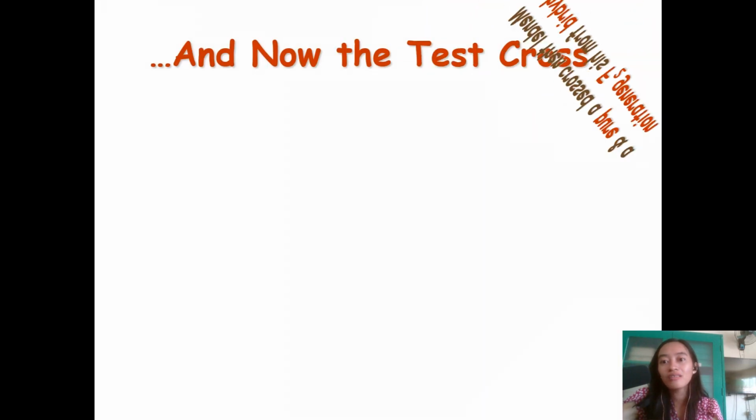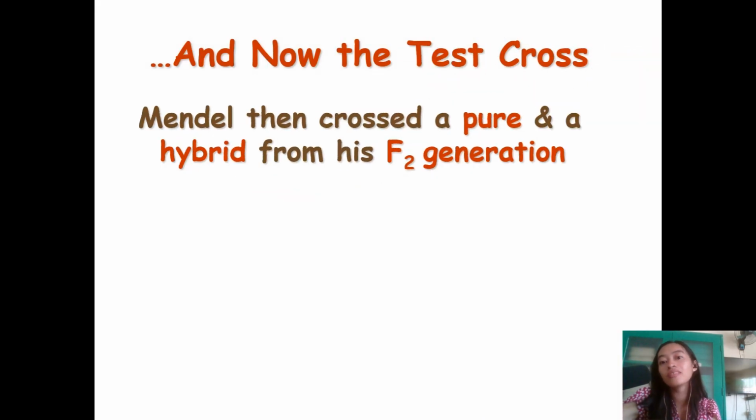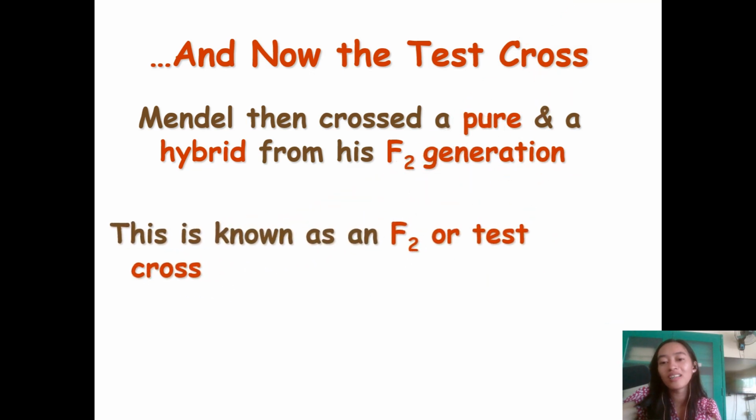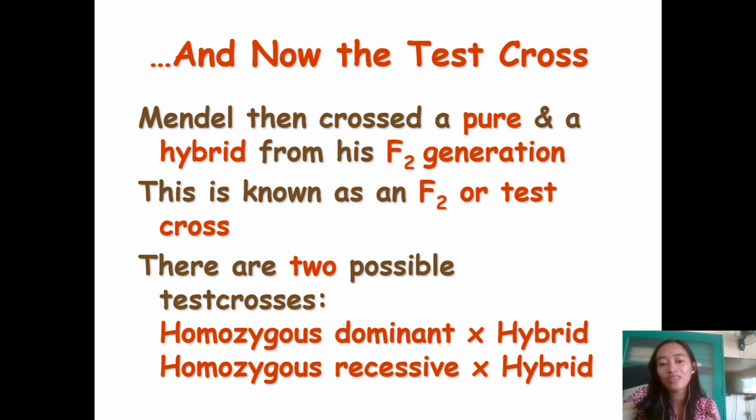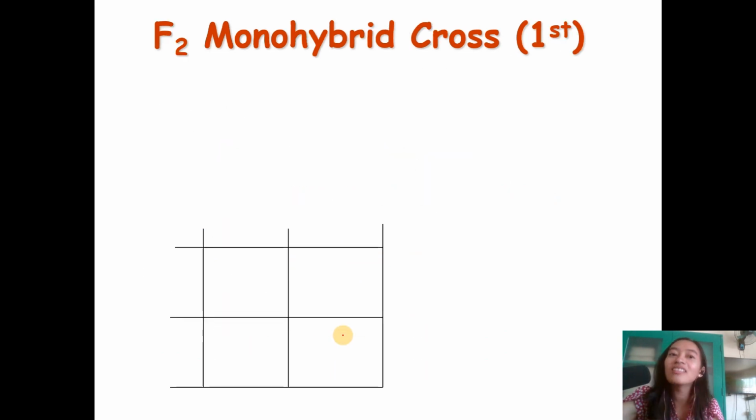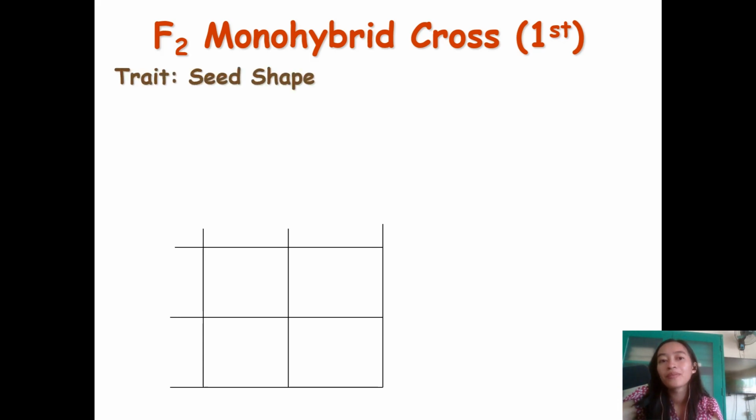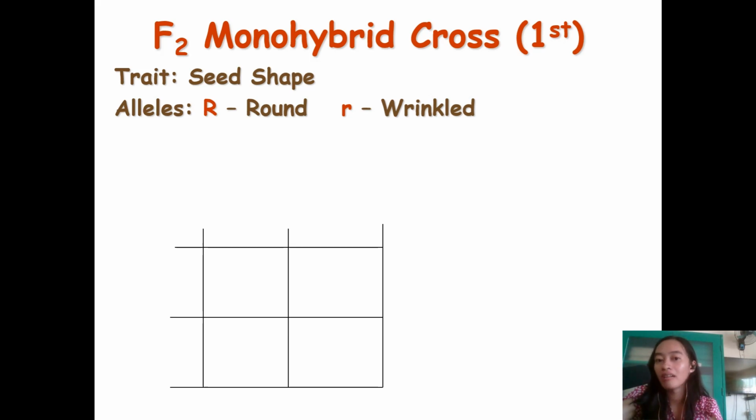And now, let's test the second generation, the offspring. There are two possible crosses if we mix these. Maybe it's confusing, so let's start with the first one. Seed shape: big R stands for round, small r stands for wrinkled.